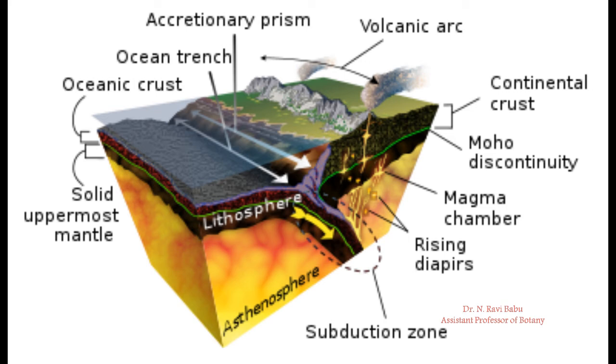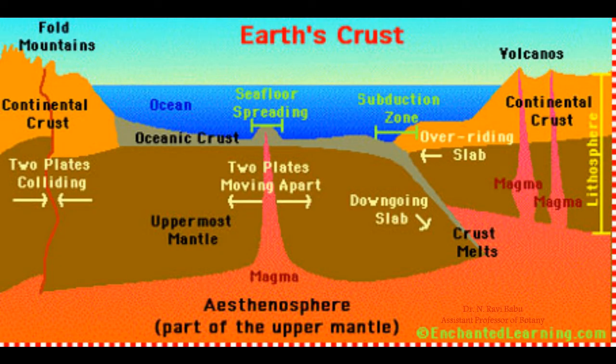The word itself gives an idea that the rocky things which are existing in the ocean, making a water habitat, are called oceanic lithospheres. Whereas the continental lithospheres means the rocks which are present on the terrestrial habitats, the continents.